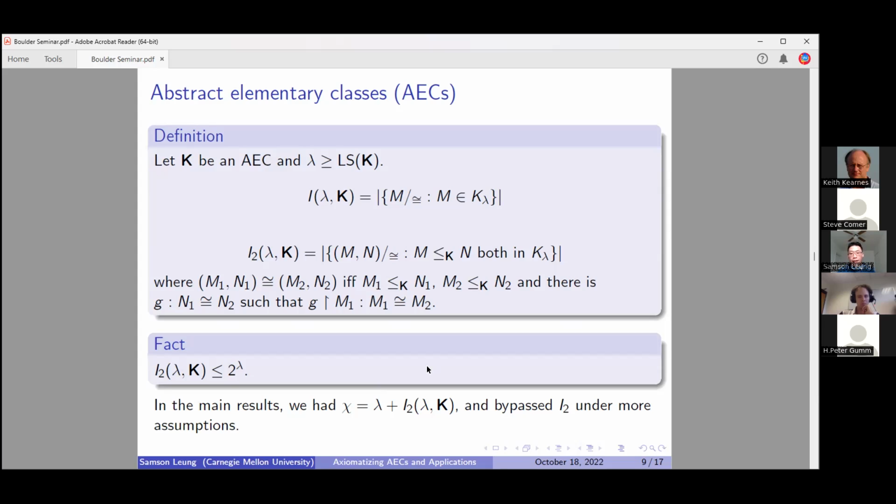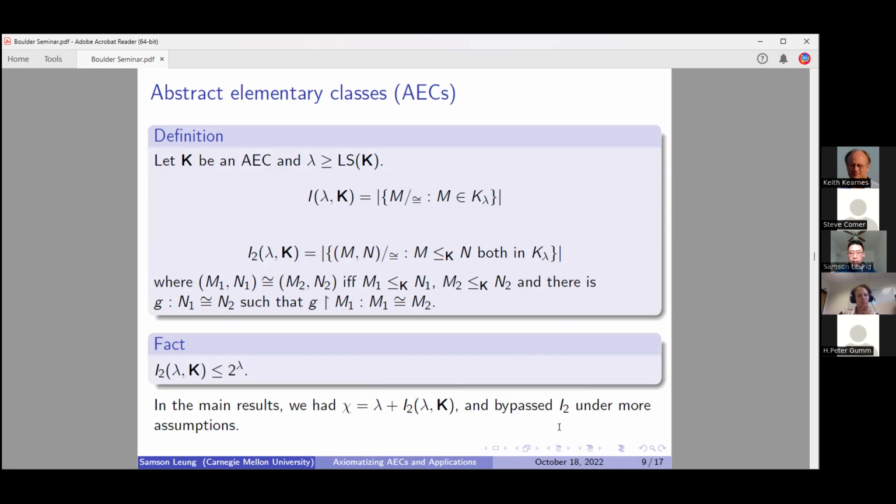But it turns out it's not the case. When I try to improve the result with more assumptions, let's say categoricity, stability, and so on, I'm not trying to get better control of this I_2. I'm trying to use limit models and other machinery to show that K is some smaller PC class.